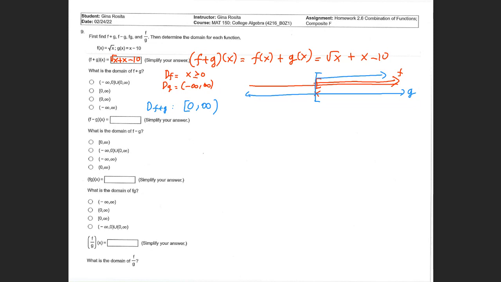Now go to the next one, f minus g. What is the meaning of f minus g? This becomes f of x minus g of x. Just plug in: f of x is square root x, and g is x minus 10.